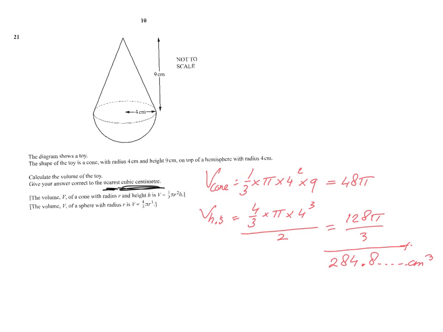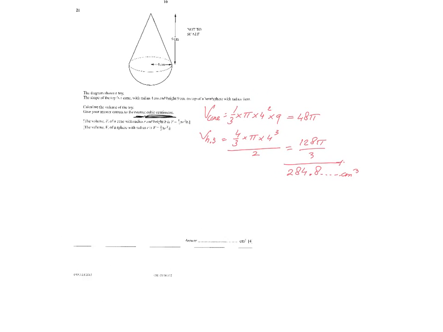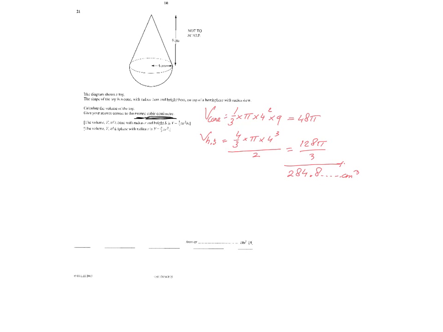However, they ask me to give your answer correct to the nearest cubic centimeter. So that's why I highlight that at the beginning, because otherwise I forget. It's a long question, so please highlight it. So 284 point, and then the first decimal is higher than a 5. So to the nearest cubic centimeter, 285 centimeters cubed. All right, so don't forget to divide that by 2 for the hemisphere.